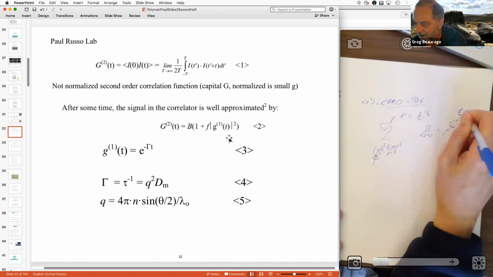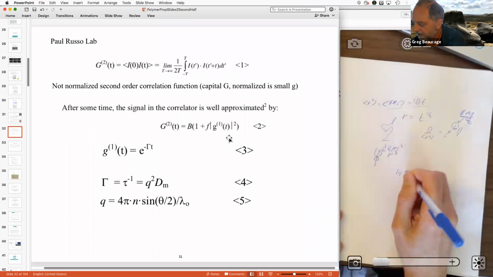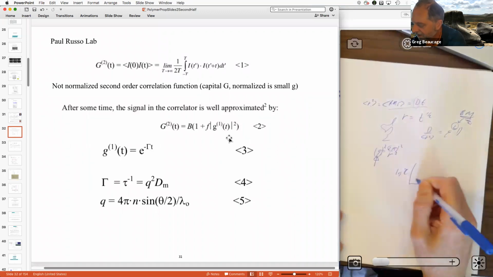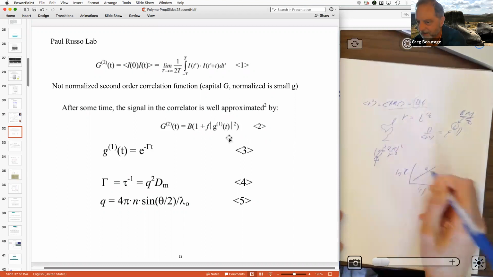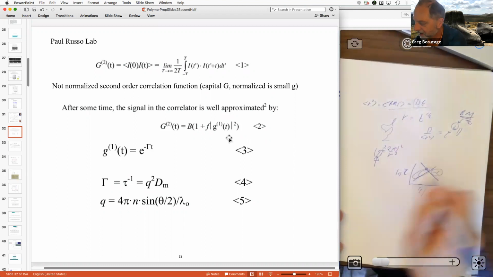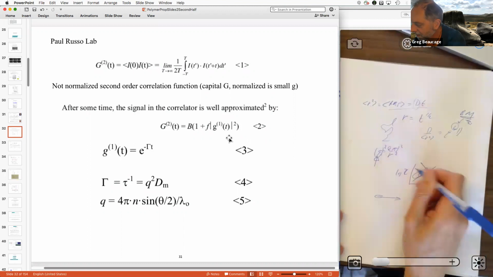So if you plot log of tau versus log of q, then you're hoping that this thing is going to have a slope of -2, right? So things get faster when they get smaller. If it's not -2, say it's ballistic motion, like you shoot a bullet and it flies in a straight line, that slope will be -1.